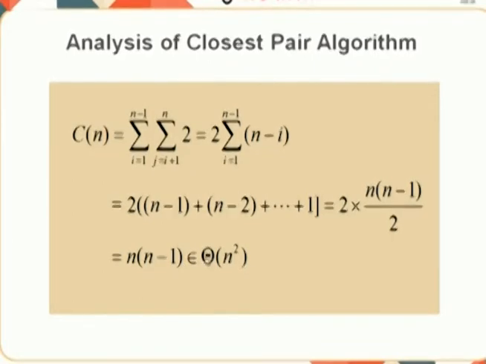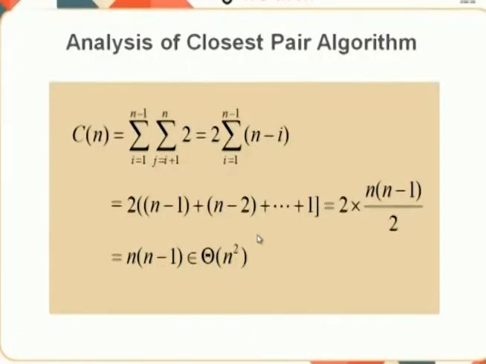You can see it comes as theta of n square. In other words, in the best case, average case or worst case, the number of points that need to be considered are all the points. Therefore, the complexity of this algorithm turns out to be theta of n square. It is not the efficient one.